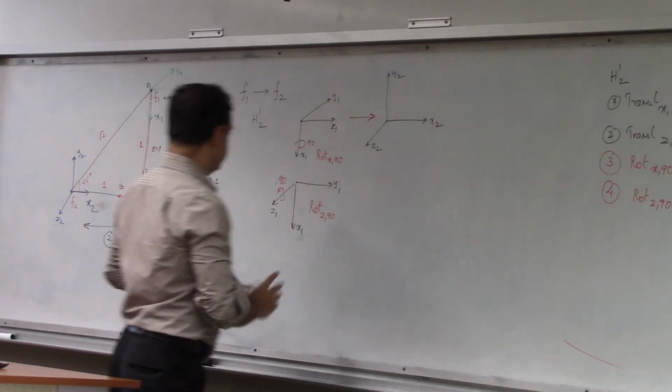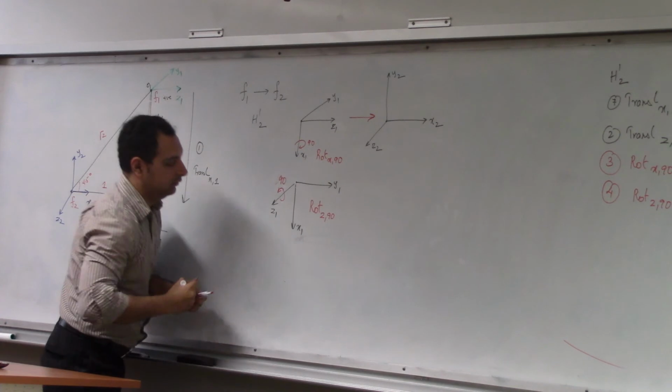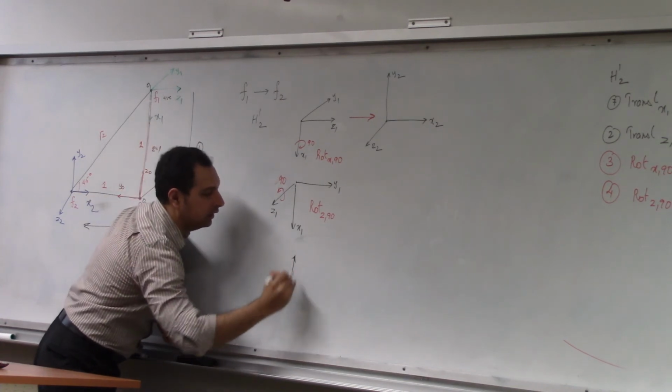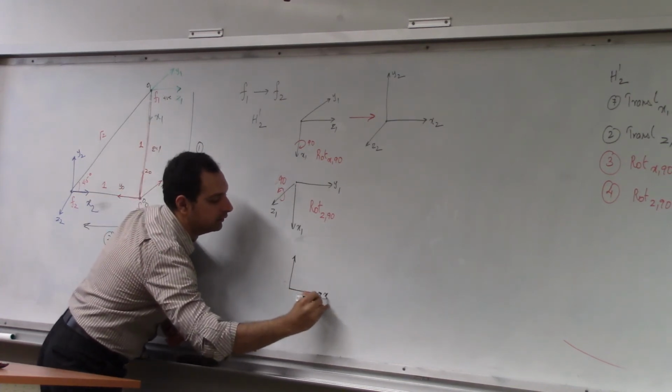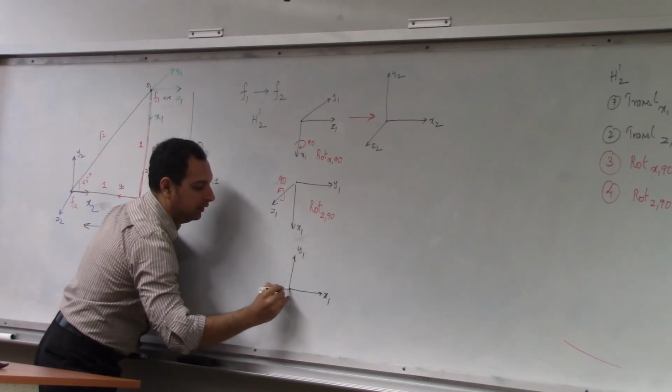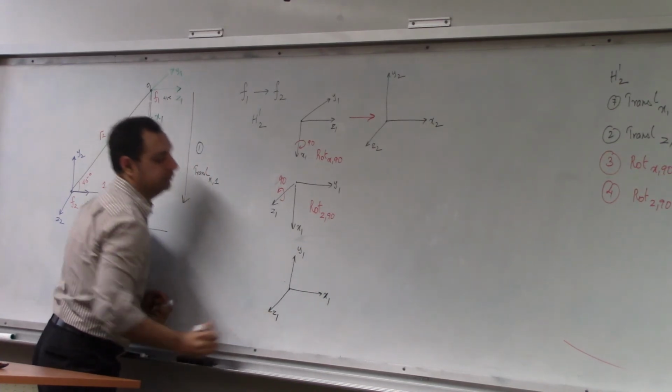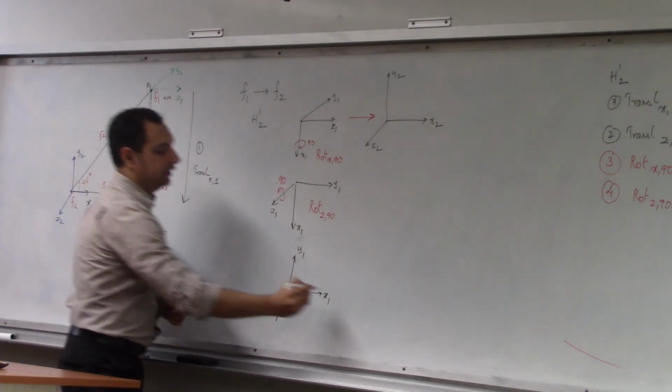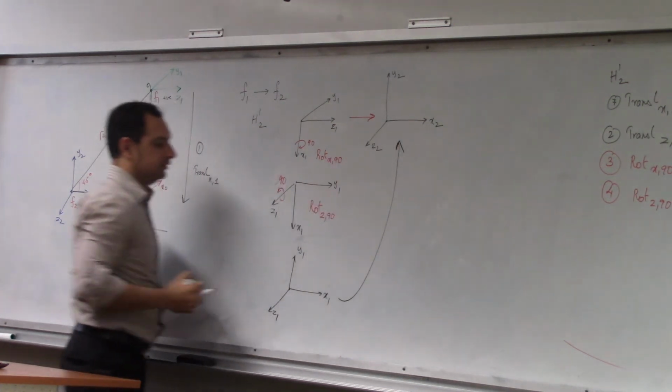So when I do this, Y will be upwards, X will go like this, and this will be 0, which will be exactly like this.